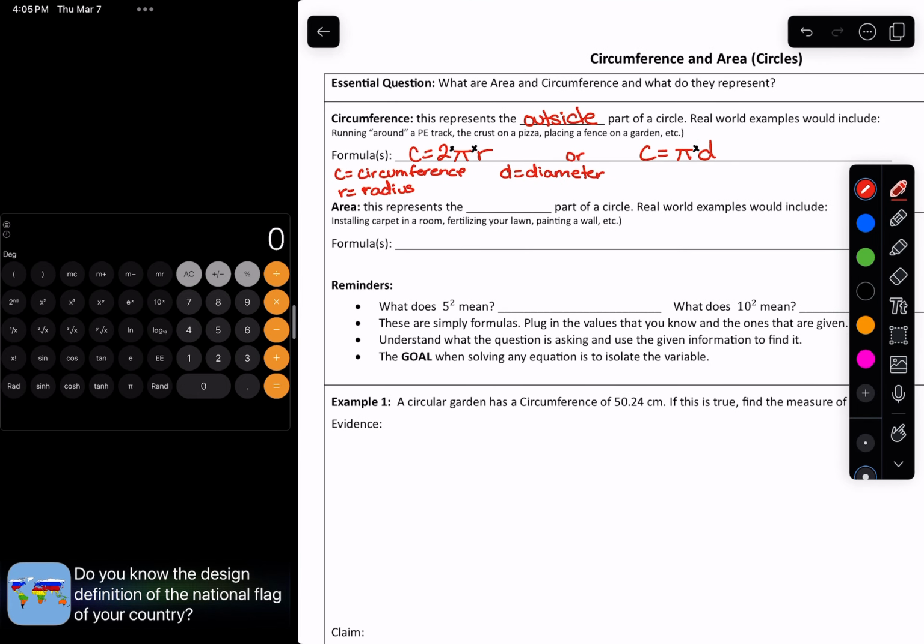Our next one is area, which represents the inside part of a circle. So real world examples for this would be installing a carpet in a room, fertilizing a lawn, painting a wall, something where you have to fill in a whole area.